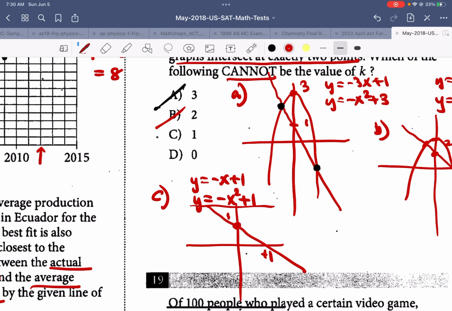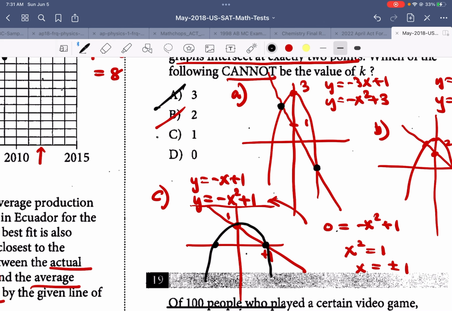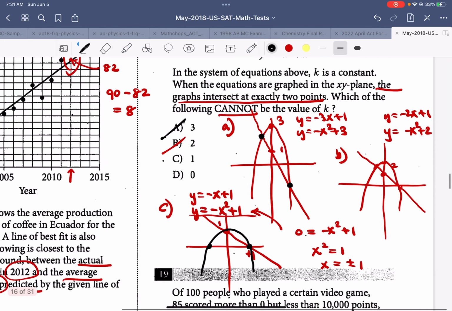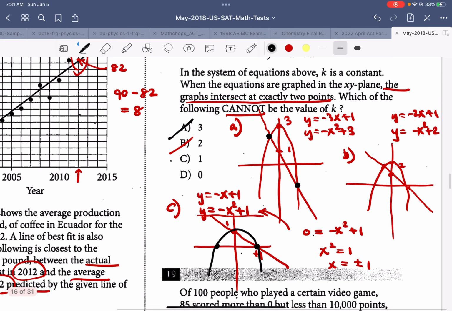And for the x-intercepts, 0 equals negative x squared plus 1, x squared equals 1, so x equals plus or minus 1. So I know this parabola passes through here and here. So when you graph it like this, it'll pass through twice also. So this one cannot be the answer.